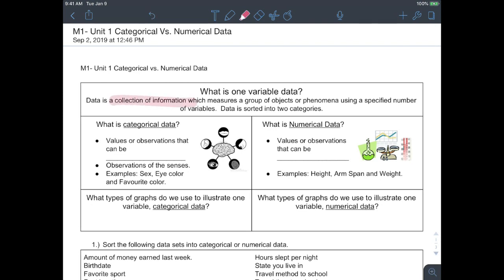And we sort data into two categories, and those two categories are categorical data and numerical data, okay?